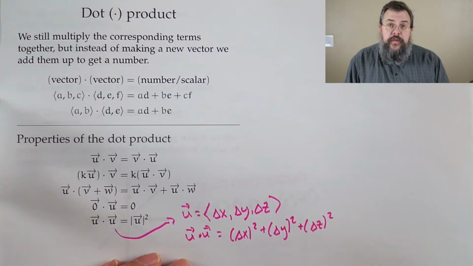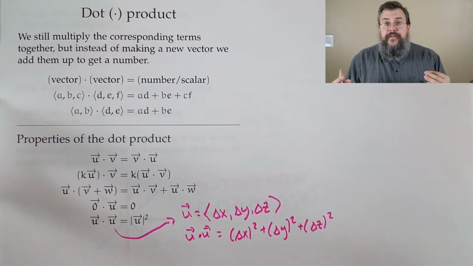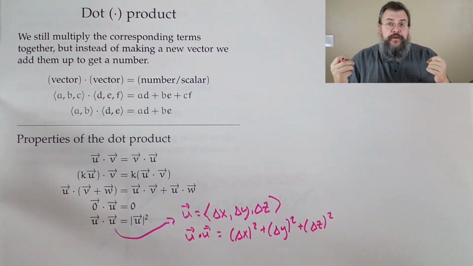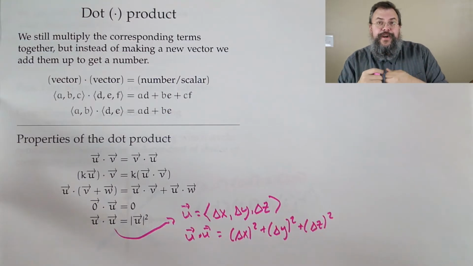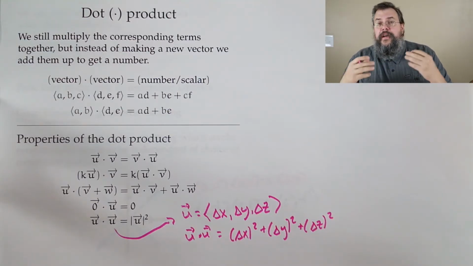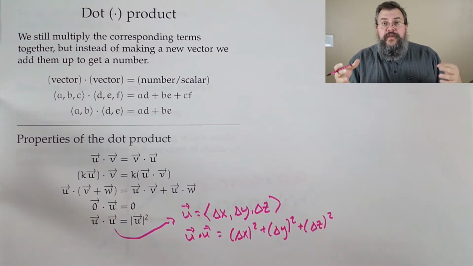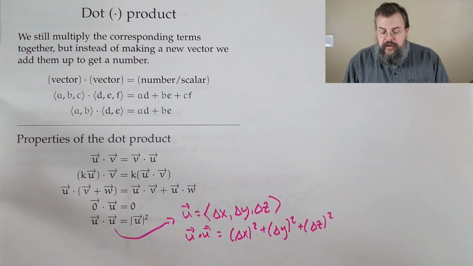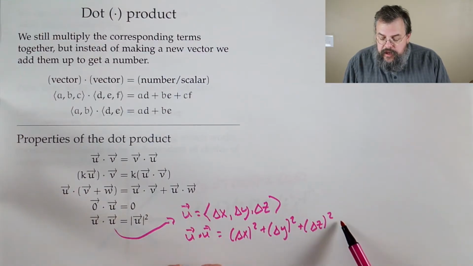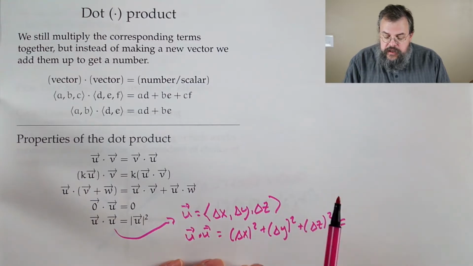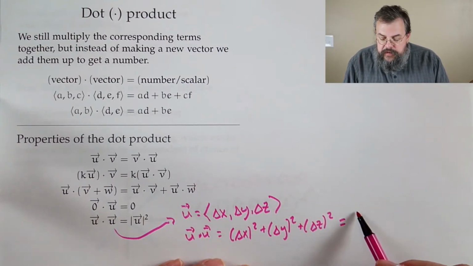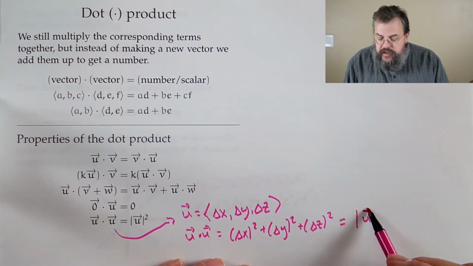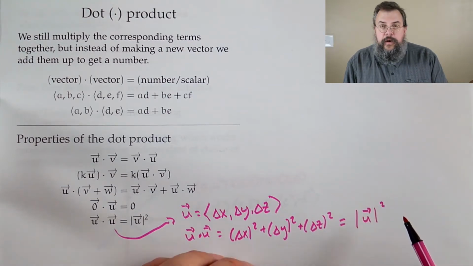But we know about distance, and we say the distance between two points is the change in x squared plus the change in y squared plus the change in z squared. It doesn't matter how your coordinate system is built. That's always still the case. And so there we go. That's really just the distance between the start and the end of the vector, and also, by the definition we've seen for the magnitude of vectors, it's the magnitude of the vector squared.